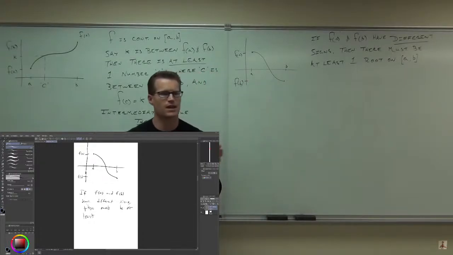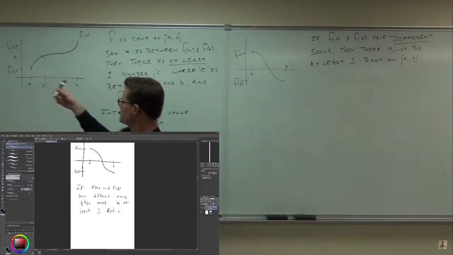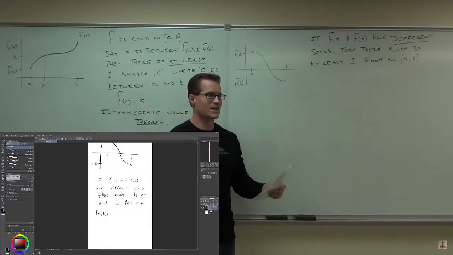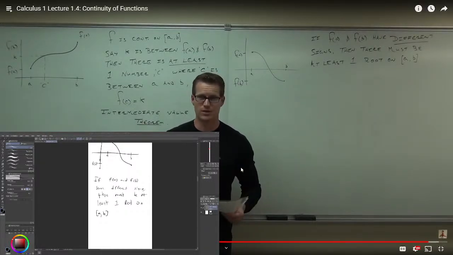That's all it says. It's just a very specific case where your signs are different, so you know 0 is between them. You can say for any output, you can give me a specific input on that domain, on that interval. Would you like to see it in application, how you would actually do this?